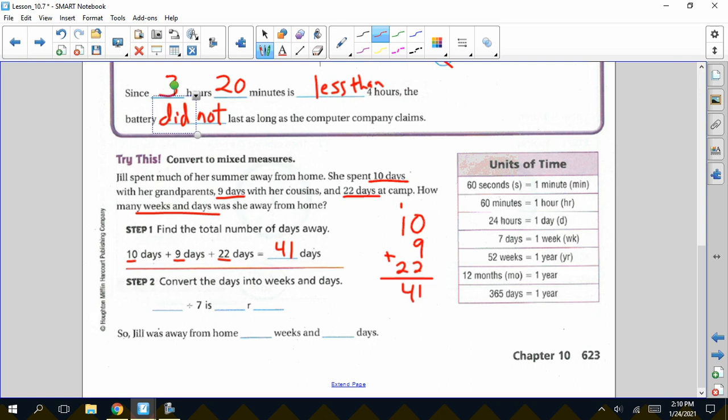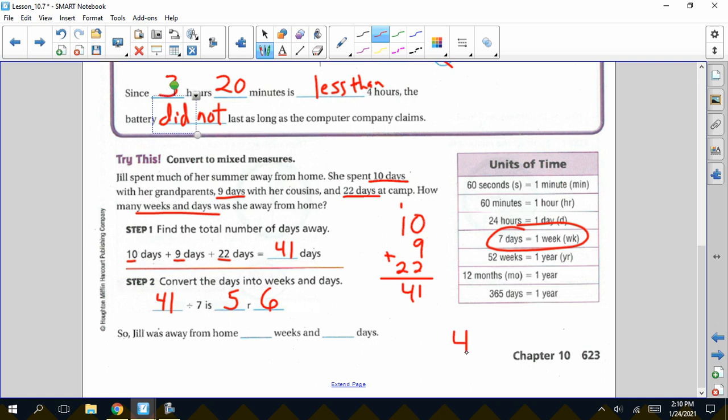But we want to turn this into weeks. So if we're going from days to weeks, days is shorter, so we're going to divide. And there are 7 days in 1 week. So we're going to divide by 7. So we take 41 days, divide it by 7. 7 goes into 41 5 times, because 7 times 5 is 35. And if I take 41 minus the 35, I should get 6 left over.